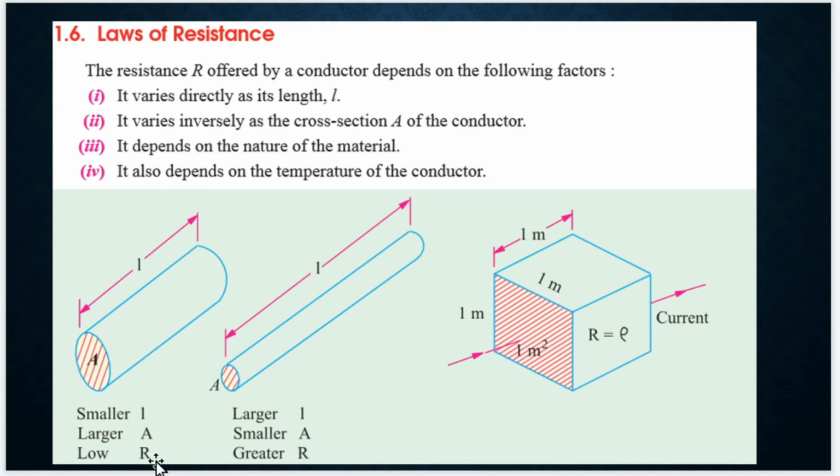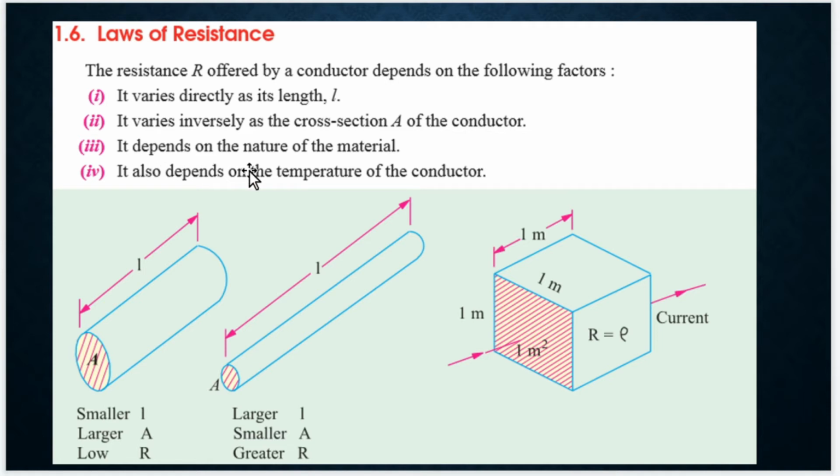If the length of the wire or conductor increases, the resistance increases. If the conductor is shorter, it lowers the resistance. It varies inversely as the cross-section A of the conductor: low R, larger A; high R, lower A. We will see that later when we solve problems.